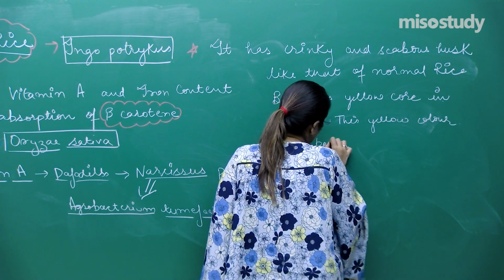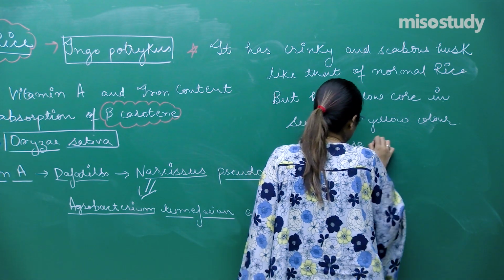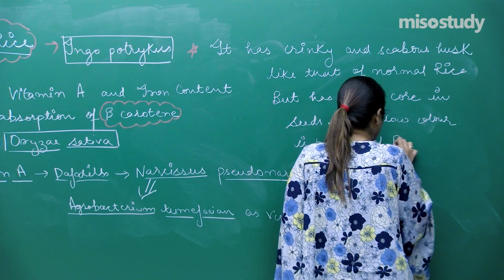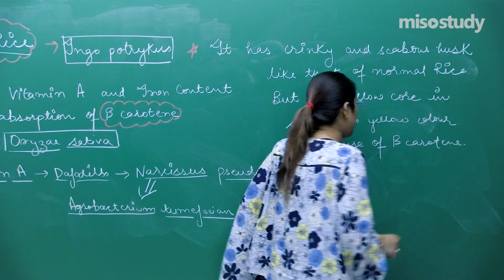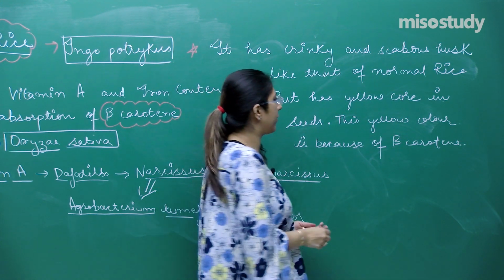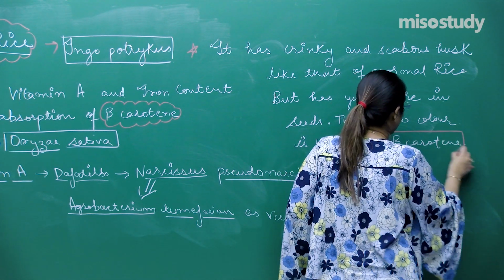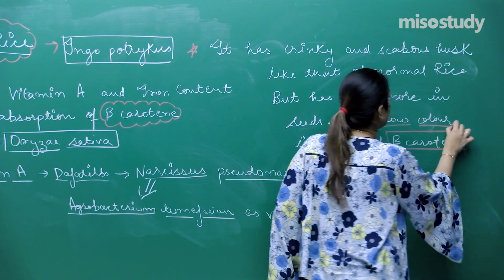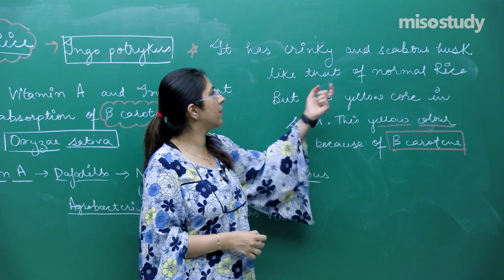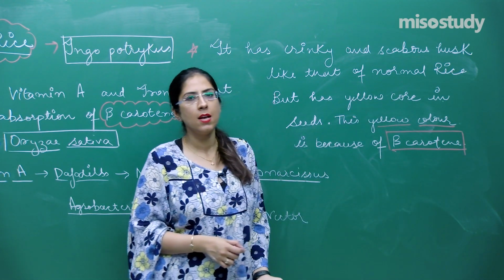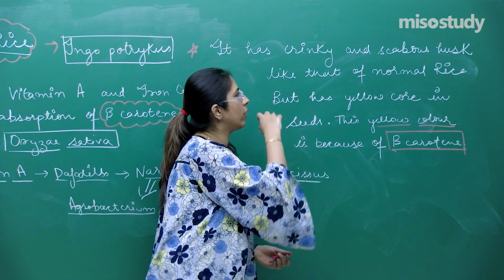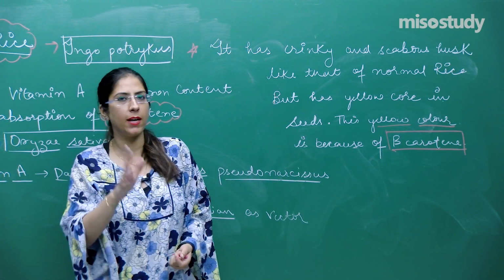It is yellow in color because of the beta carotene, right? And this is the only difference between the normal rice and this golden rice. So this was the story behind the golden rice.